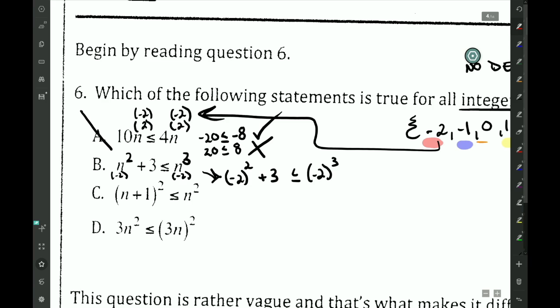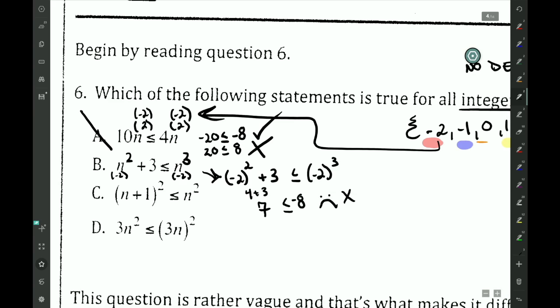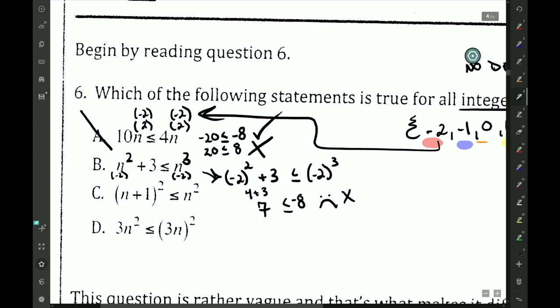So this would be 4 plus 3, which is 7, less than or equal to 8. Sorry, -8. That is not true. So -2 cubed is -8, and 7 is not less than -8. No, B is out of the picture.